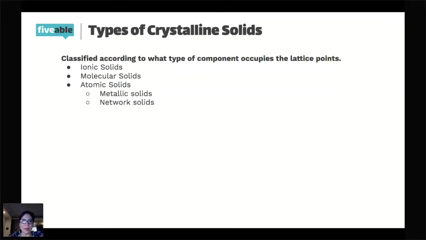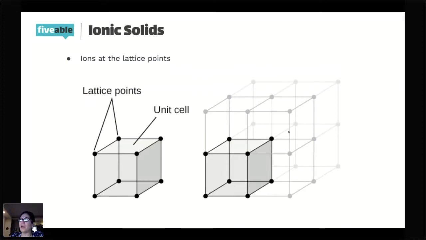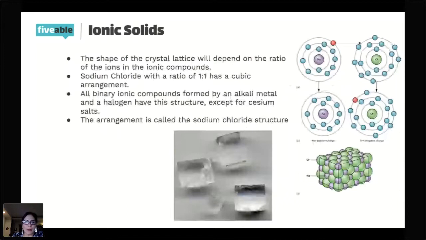So for example, in an ionic solid, we will have ions on the lattice points. And the lattice points, you can think of them as the corners of the unit cell. So for example, for sodium chloride, we already know that sodium chloride bonds with a ratio of 1:1.